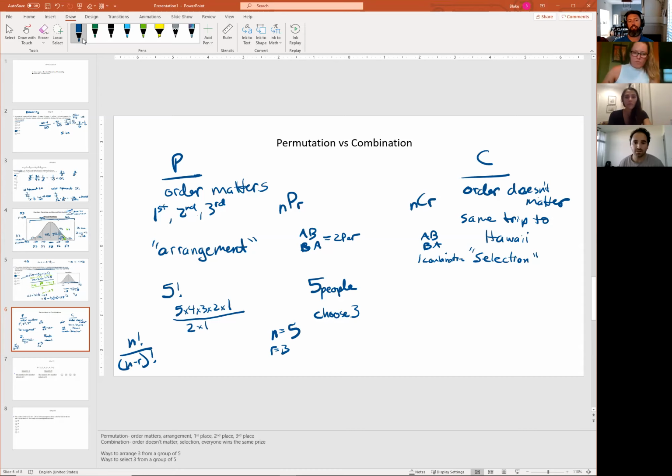Then it would be 5 minus 4, 1 factorial, but 1 factorial is just 1. So if it said choose 4, you still have 5 factorial as your numerator, but you're going to have 5 minus 4 as your denominator, which would be 1 factorial. Does that make sense? Okay.